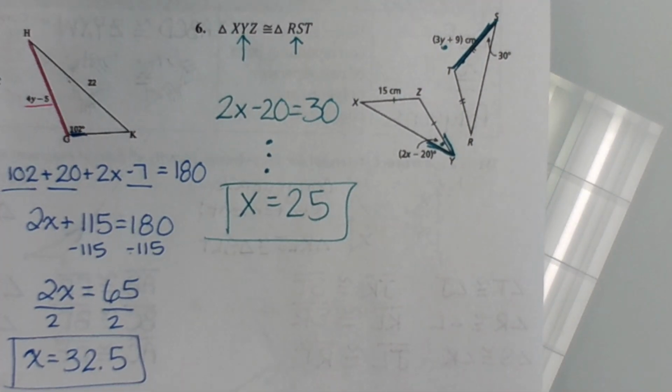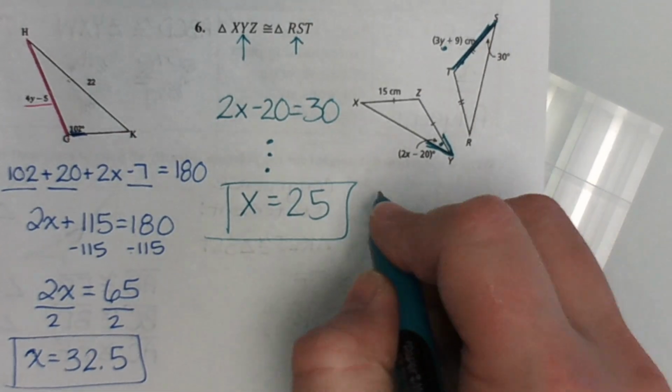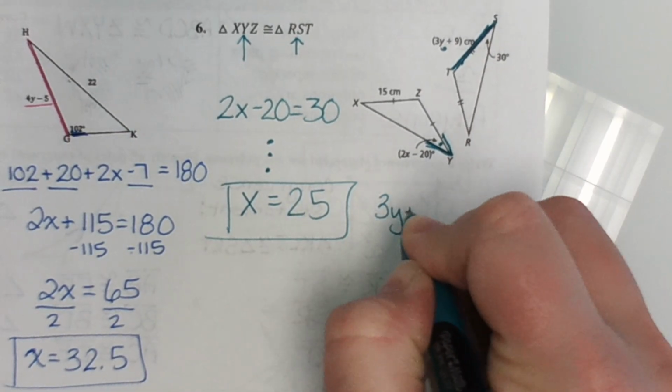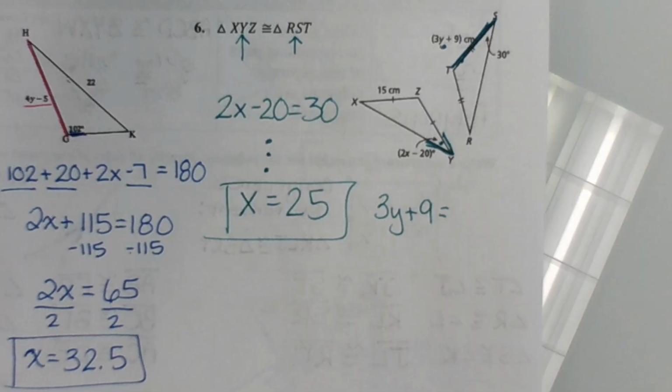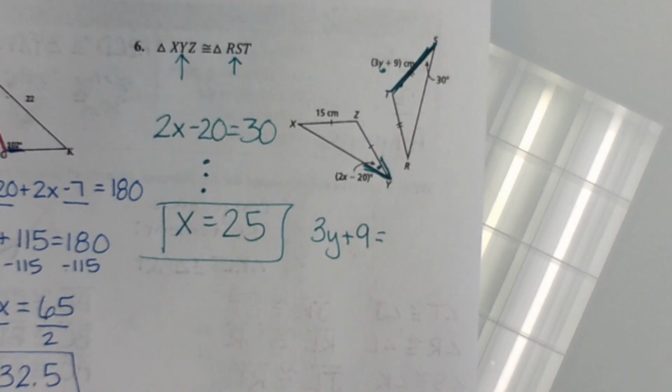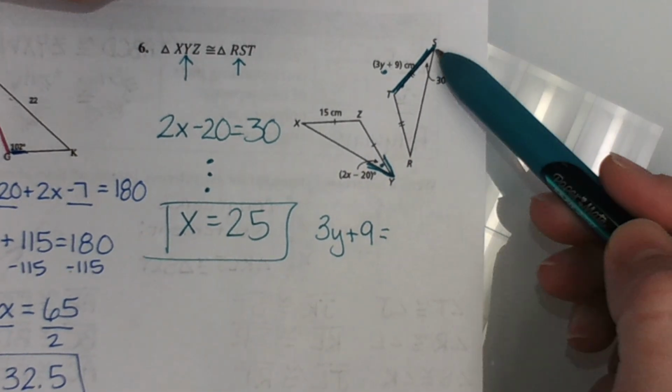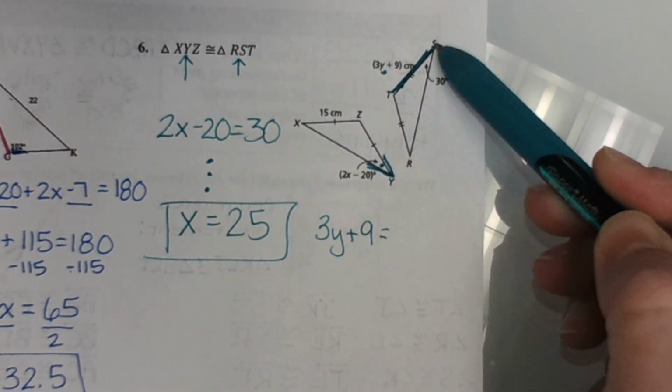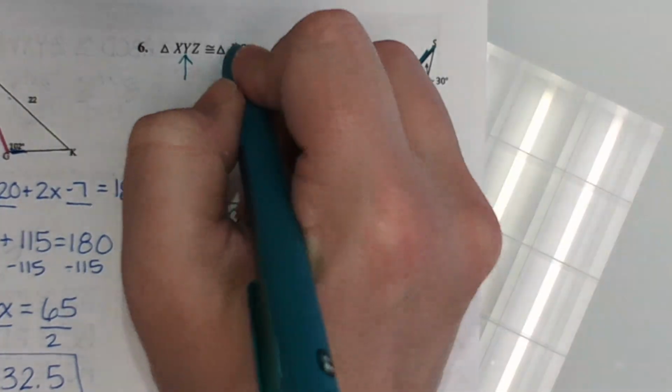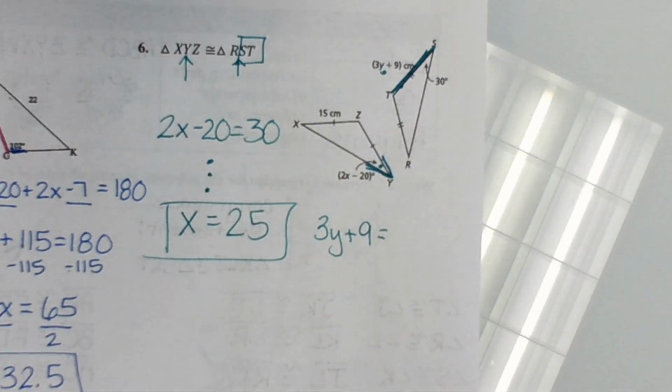How do I solve for Y? What is 3y plus 9 going to be equal to? What side name is this on? ST. ST goes with which one? XZ.